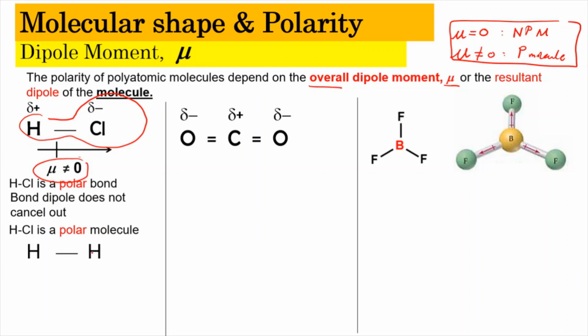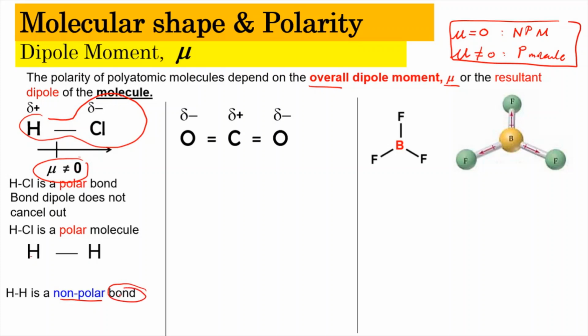Alright, now let us look into the hydrogen molecule here. Hydrogen and hydrogen will have the same electronegativity, the same pulling force because they are the same atom. Because of that, there is not going to be any bond dipole. So we can say that H and H here is a non-polar bond.